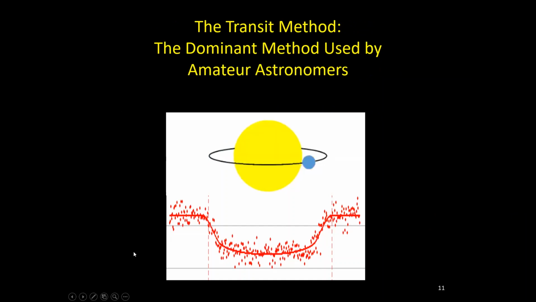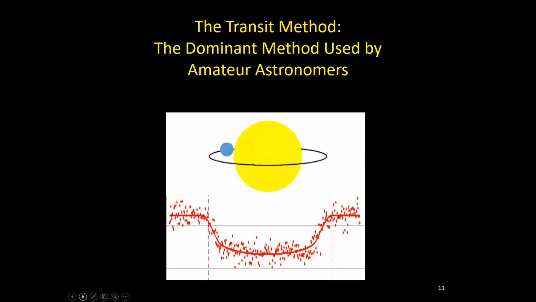So back to what we are involved in as amateurs, and actually what most of the professional community is involved in, which is that particular kind of planet that is transiting across the face of the star. And we use something called the transit method.